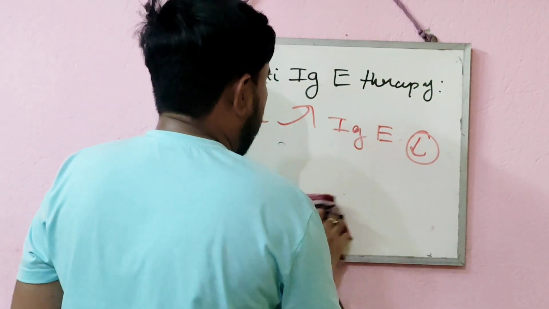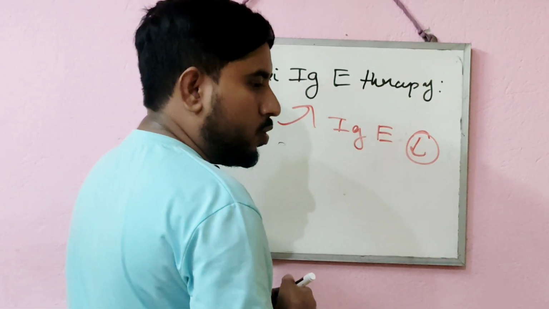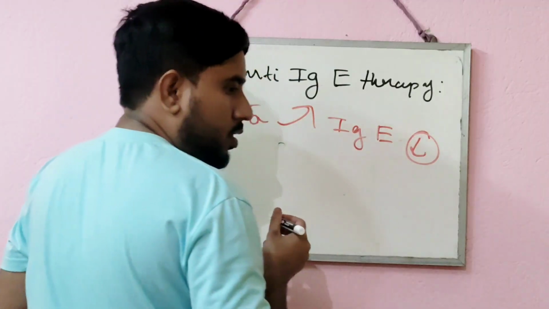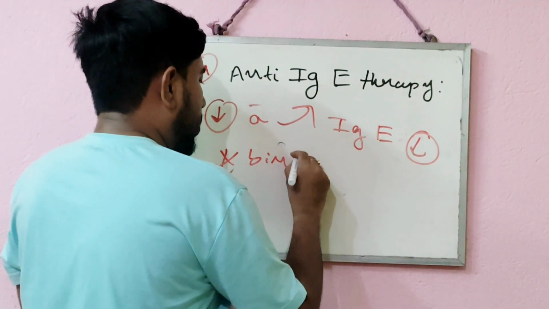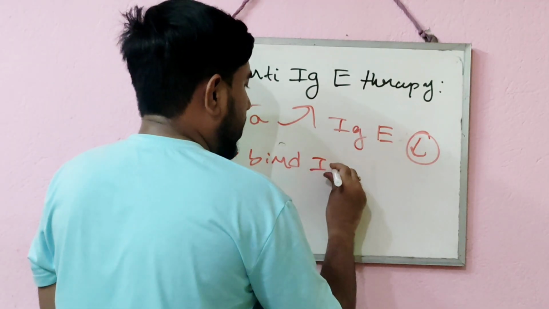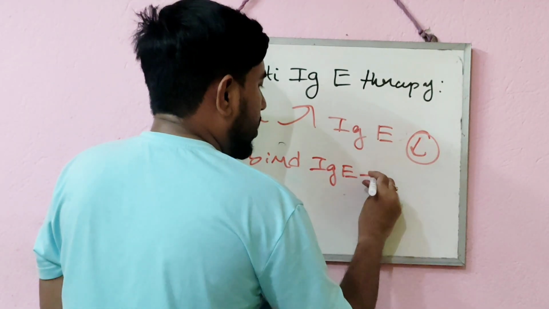By binding and forming a complex with IgE, or immunoglobulin E, it inhibits the binding of IgE with its receptor.